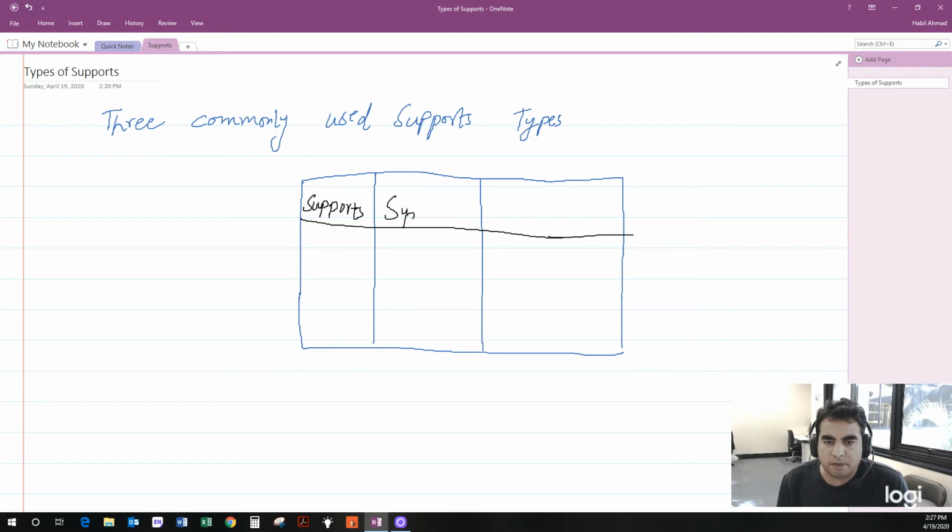Supports and symbol, and the reactions a support can take.